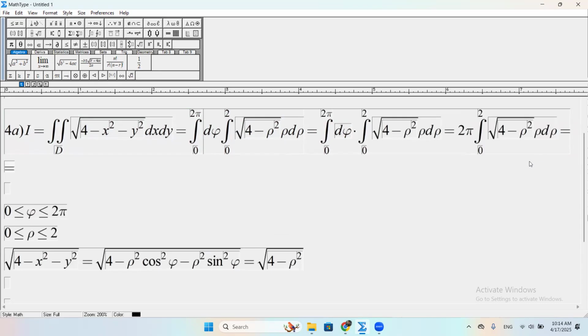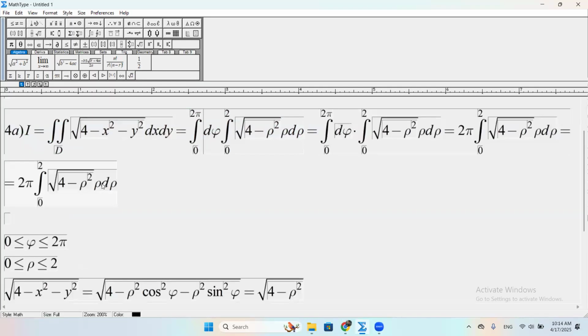And now let's continue calculating. So here we can use the differential entry technique. So rho d rho actually looks like the differential of this expression under the square root. So 2pi multiplied by this integral, and now let's change it.